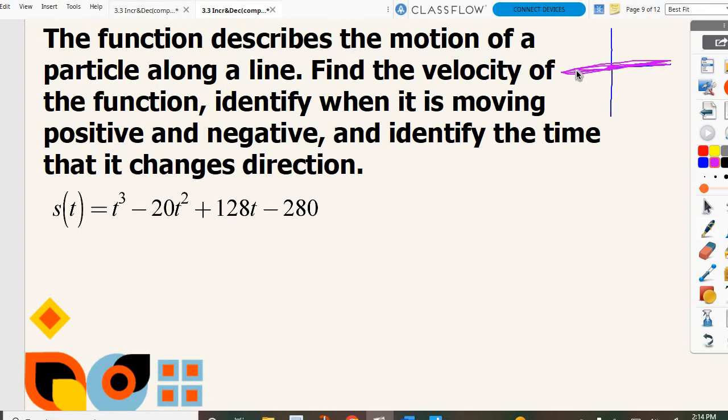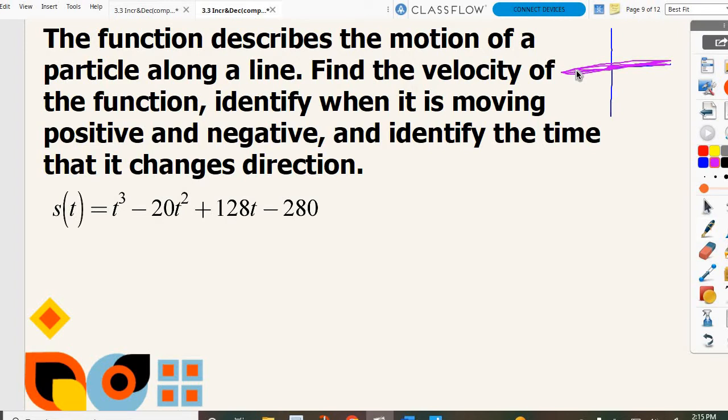If I want to find the derivative of my position function, what do we get? Velocity. So what does it mean when I set velocity equal to 0? Yeah, it's stopped. I've stopped moving. If I have no speed, no velocity, I am no longer moving, correct? So by setting my velocity equal to 0, I am finding the critical points because that is the derivative.